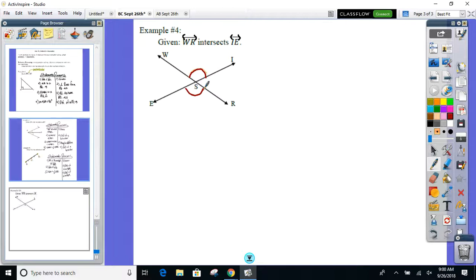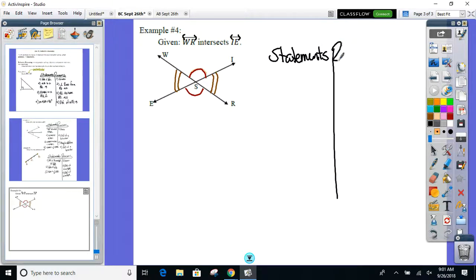Because not all four are congruent, so I don't want to put one arc mark. Yeah. Okay, hold your thoughts. I just want to get this down here. I don't want to forget about stuff that we've already said. Okay, so the only thing I was given is that those two lines intersect.